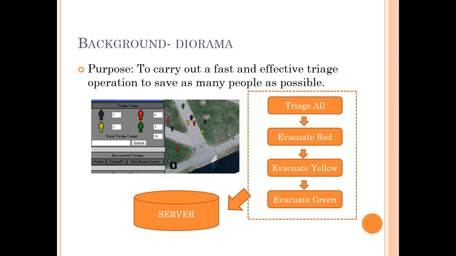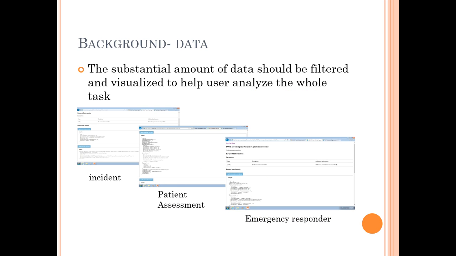All this information will be uploaded to the server. So we can get incident information, patient assessment information, emergency responder information, and so on from the server. This substantial amount of data should be visualized to help the user analyze the whole task.